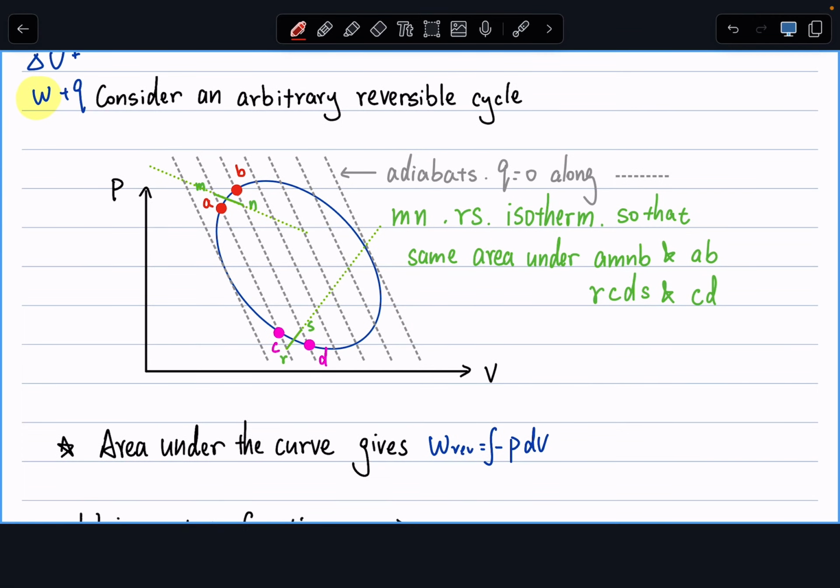Or the other way to put it is that W_AB equals W_AMNB. And the same applies to the bottom section: W_CD equals W_RCDS.